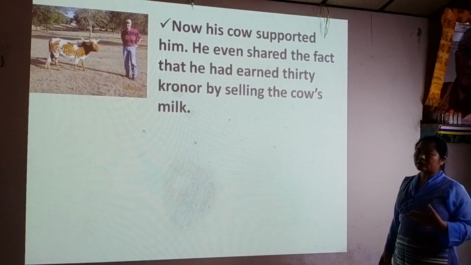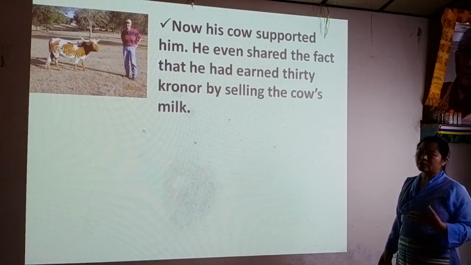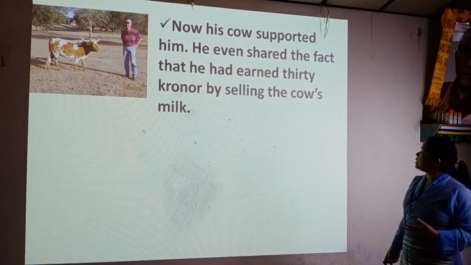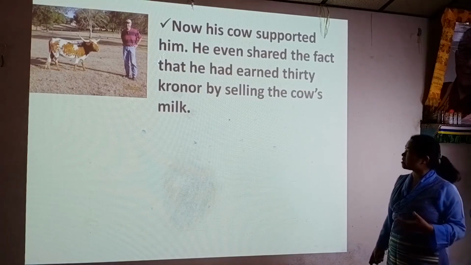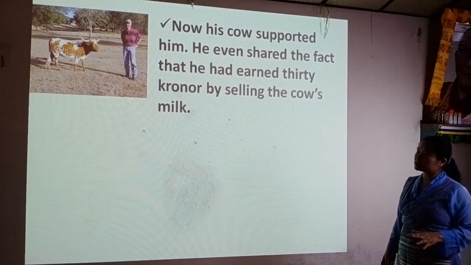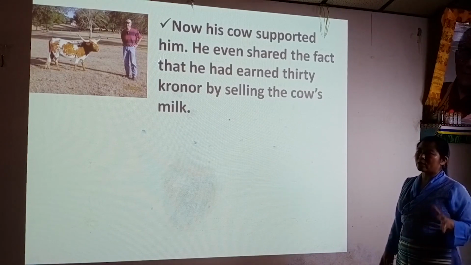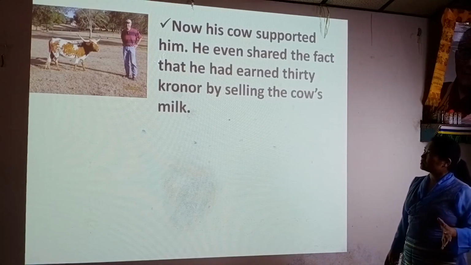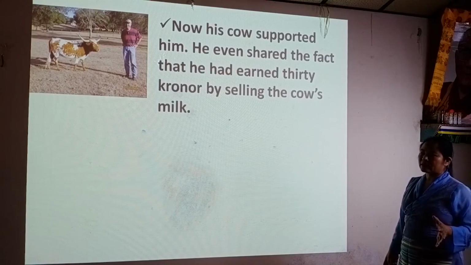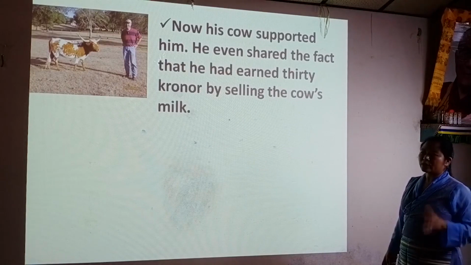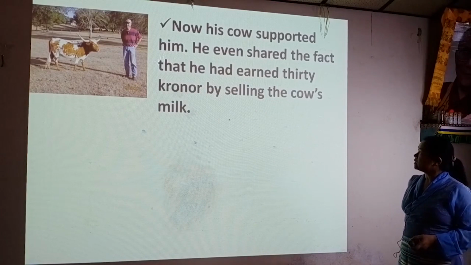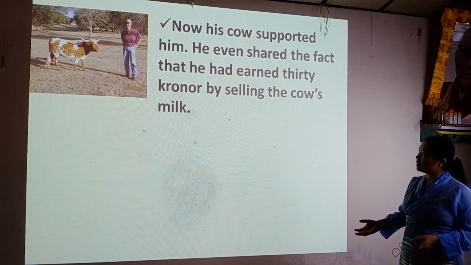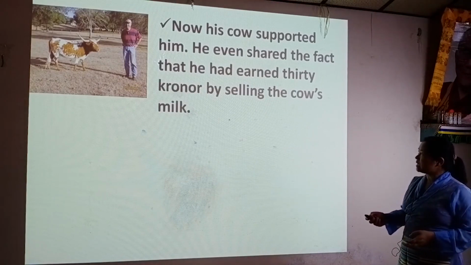And he trusted the guest so much that he shared everything with him. He even shared the fact that he had earned 30 kronor by selling the cow's milk. Okay, kronor is the currency of Sweden. So the trusting crofter told the peddler that he had recently earned 30 kronor by selling the milk from his cow.